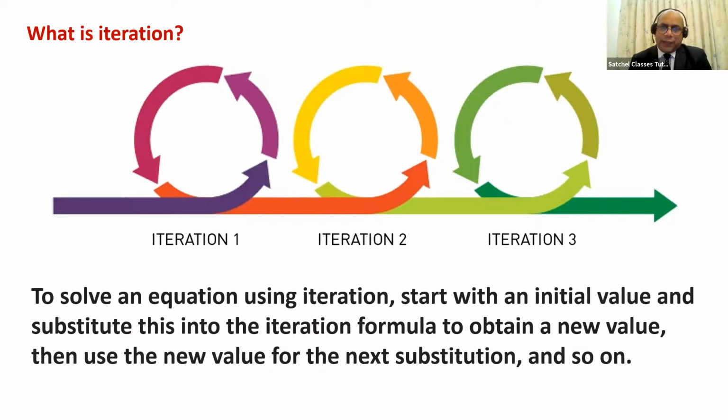Now you put that back into the equation, and then you get a third value. You put that back and so on. You keep doing this until you find that the values end up being more consistent. More consistent means they're almost equal or very close to each other. So the minute you start obtaining such values, it means your answer is approximately close to that particular value which you get, right?